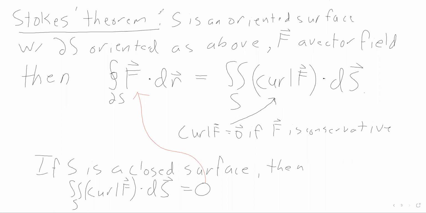But if it's a closed surface, it doesn't matter if it's conservative. If it's conservative, then it's definitely going to equal 0, and that's only for an open surface. But if it's a closed surface, no matter what, the integral of the curl is going to be 0. So the curl is not 0 on a closed surface, but if you integrate the curl of F, you're going to get 0.